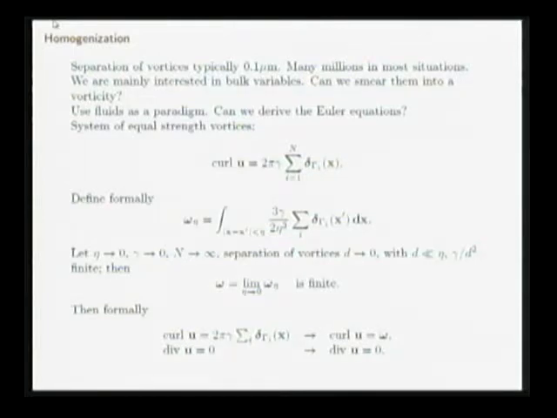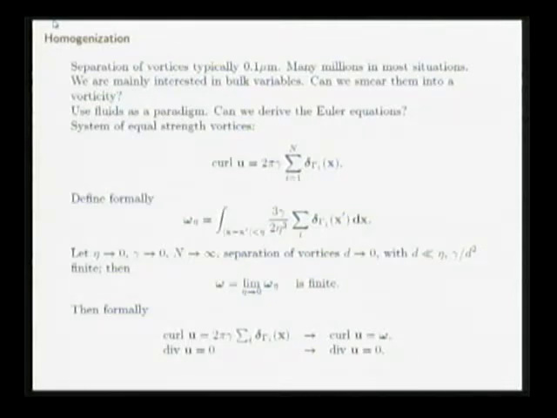So I'm going to do this very formally. The system of vortices that I have, again, it's linear equations, so I can just add lots of these vortex filaments on the right-hand side. And I have to make some assumption that this limit is well defined, that these filaments locally are in the same direction.